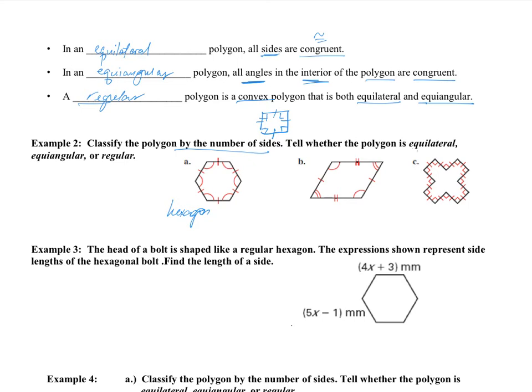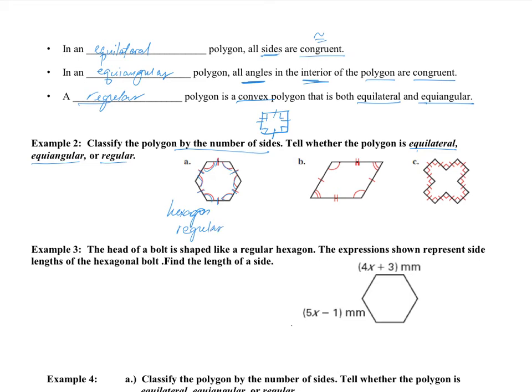Tell whether the polygon is equilateral, equiangular, or regular. Well, if we look at the picture here, we have the little marks. This indicates that all sides are equal. And then the little arcs indicate that all the angles are equiangular. So we can say that this hexagon is regular.